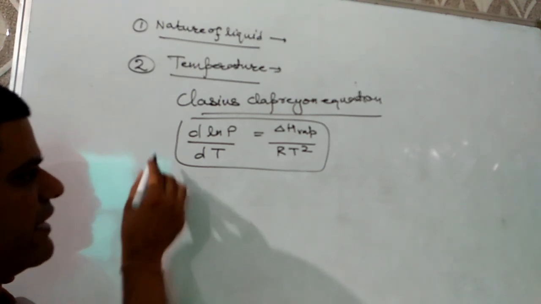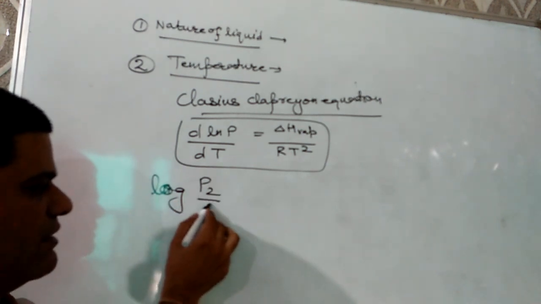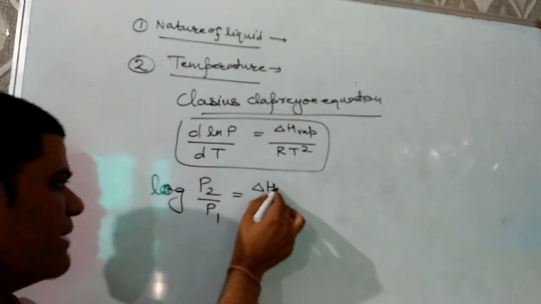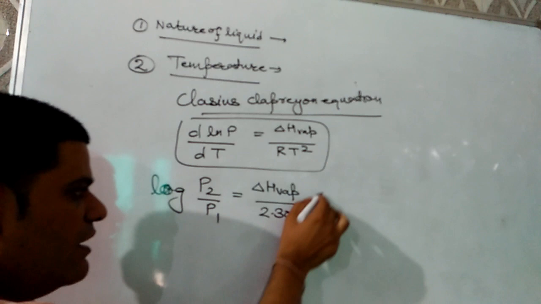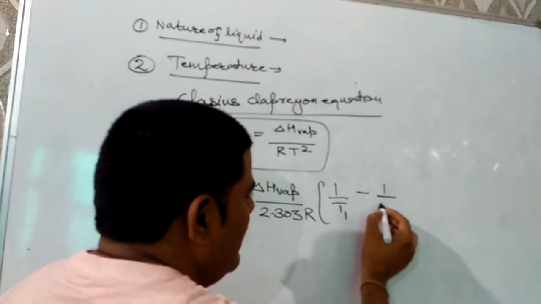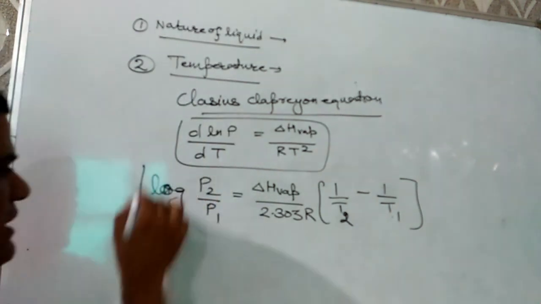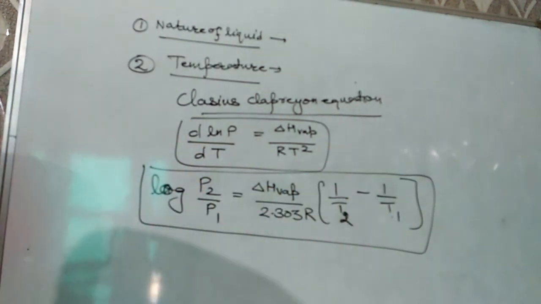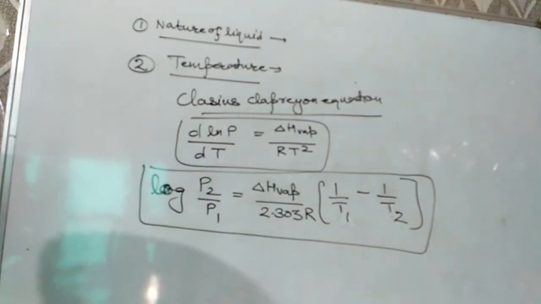In integrated form, this equation will be log of P2 by P1 equal to delta H vaporization upon 2.303 R into (1/T1 minus 1/T2).